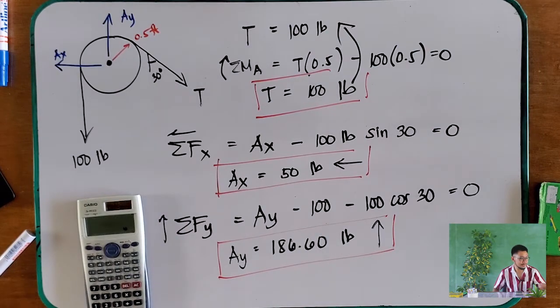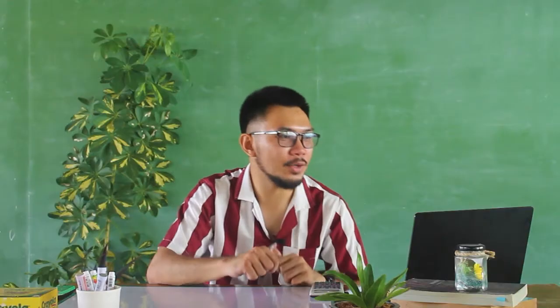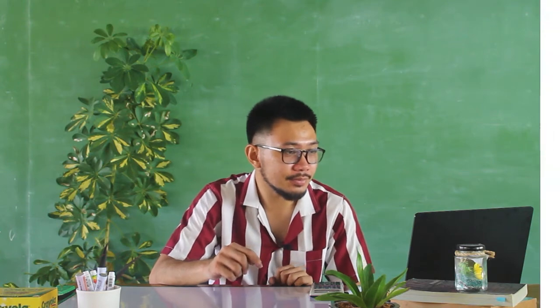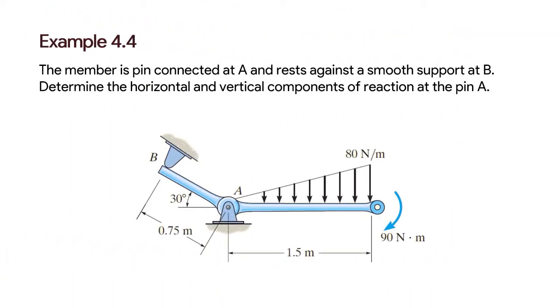Easy breezy. Last example, we have this member that is pin connected at A. So at point A, it is pin connected. Okay? And at point B, it rests at a smooth support.